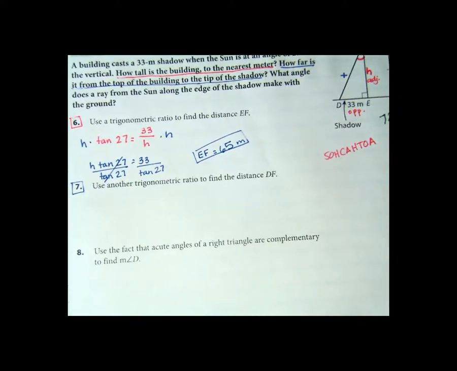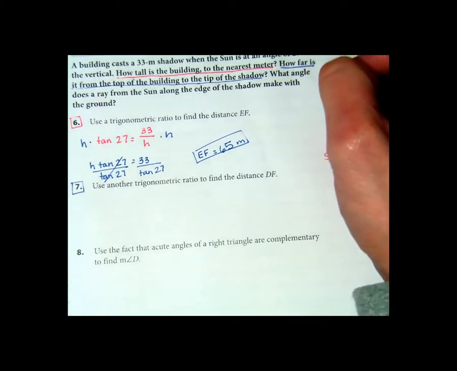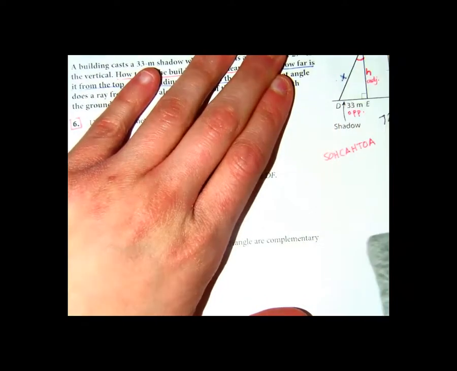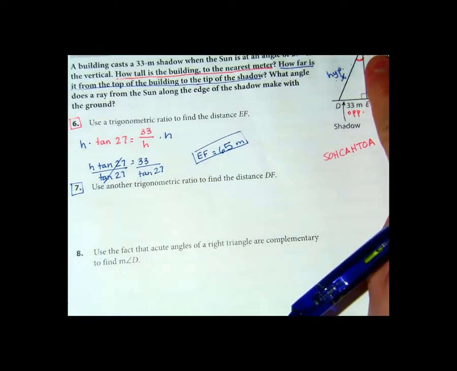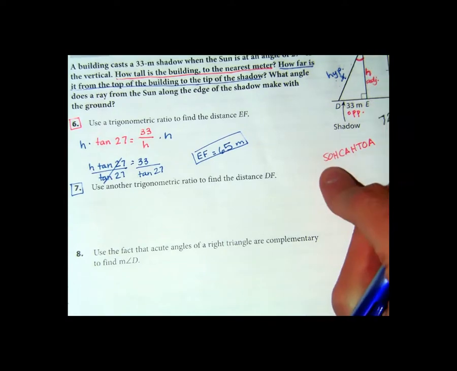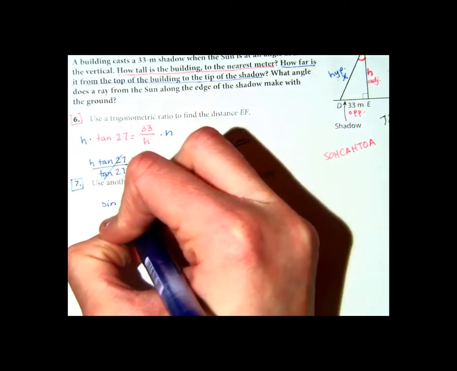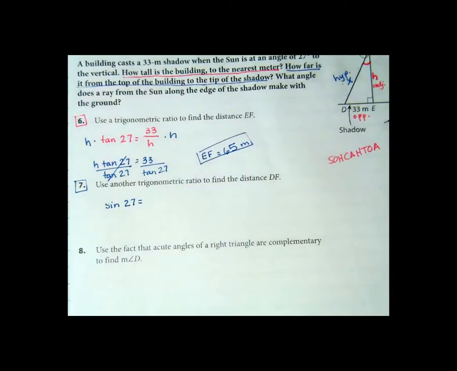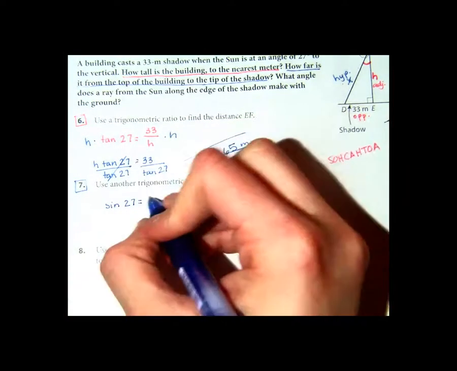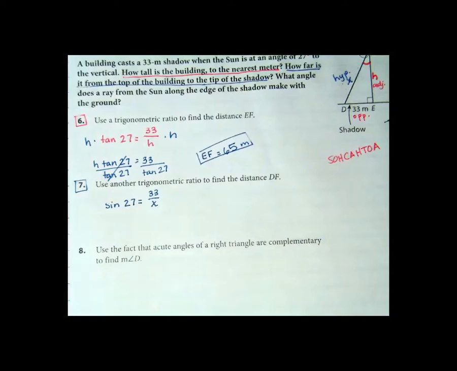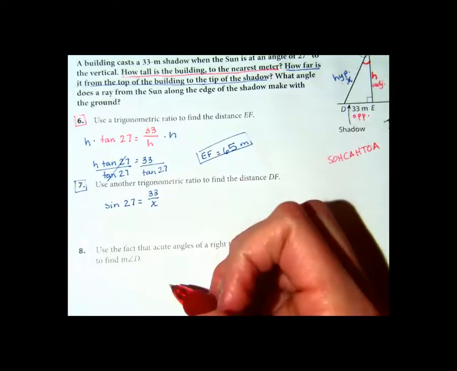So, what is this x right here that looks like a plus sign? Hypotenuse. Okay, I'm going back to what I knew originally. I know the opposite and I know the hypotenuse. So what am I going to use? Sine is opposite over hypotenuse. So sine of 27 equals what? 33 over x. It's the same setup.